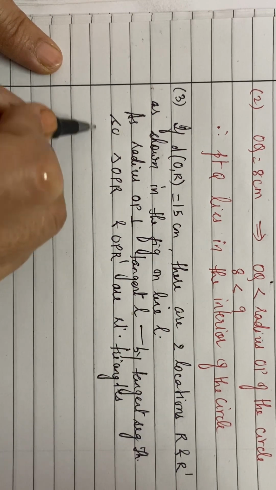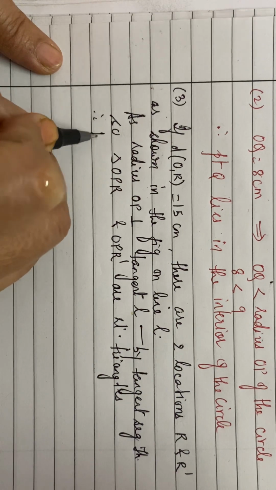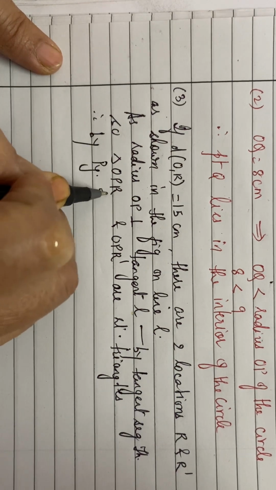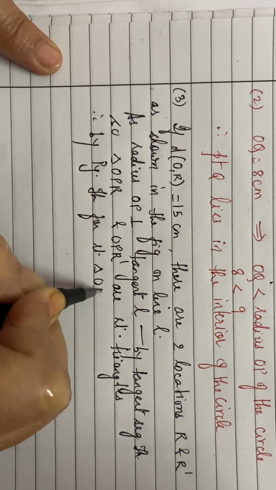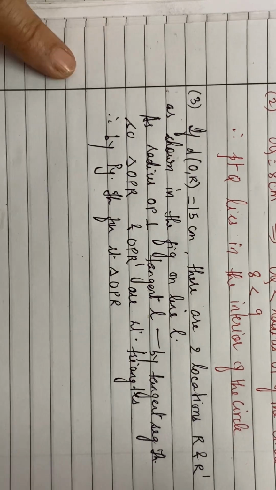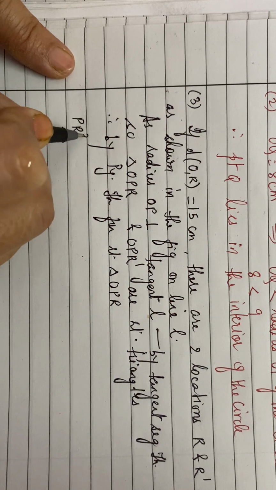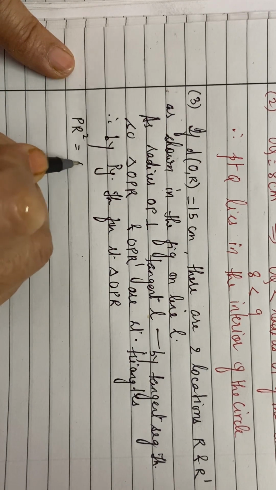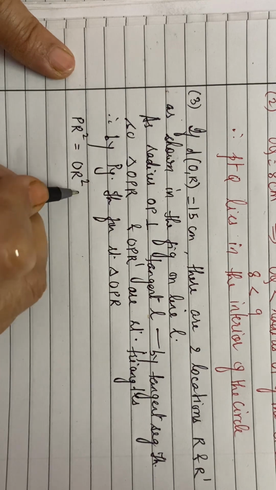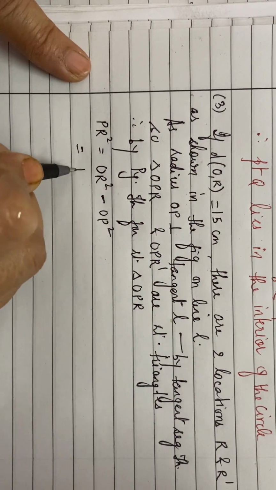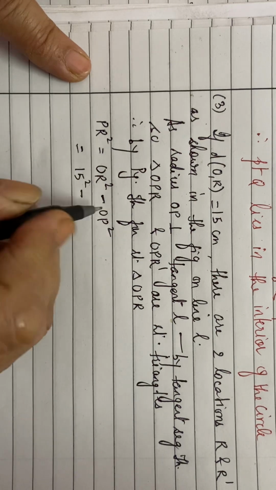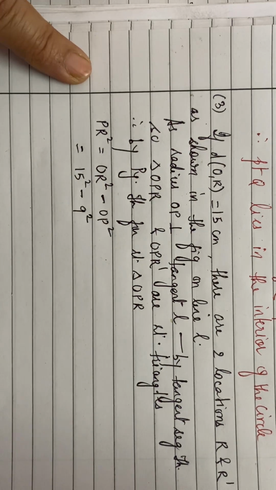Okay, so therefore by Pythagoras theorem for right triangle OPR, PR square will be equal to OR square minus OP square. OR square is 15 square, OP square is 9 square.